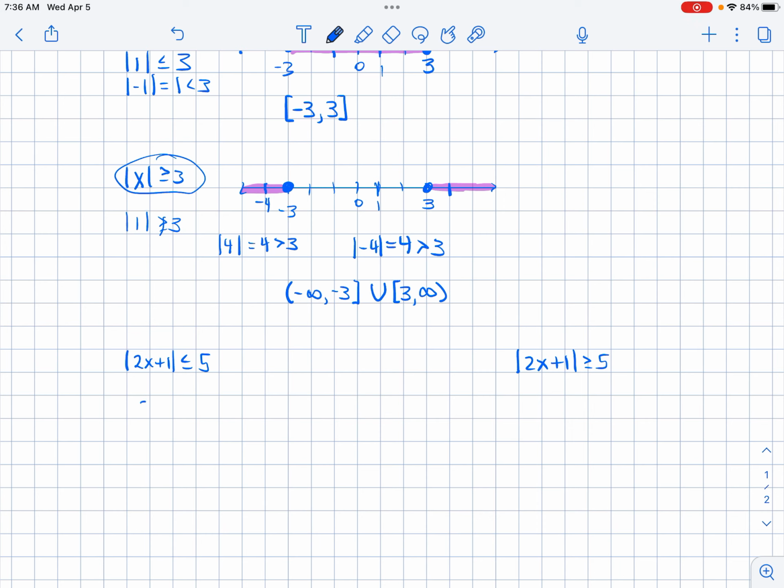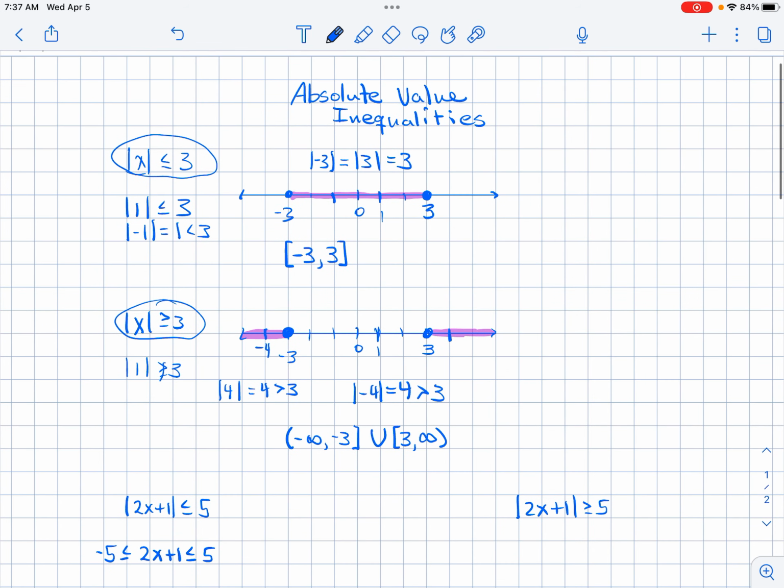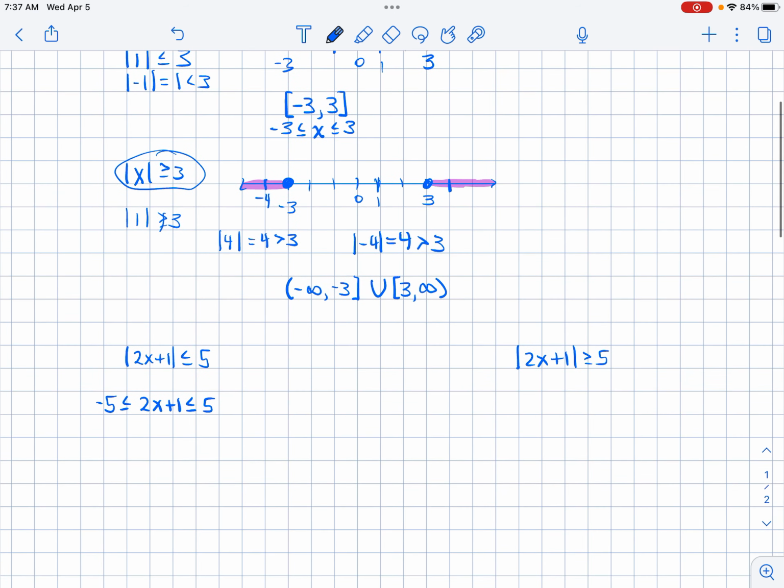We say, okay, 2x plus 1, it's got to be between 5 and negative 5. And we get this inequality.